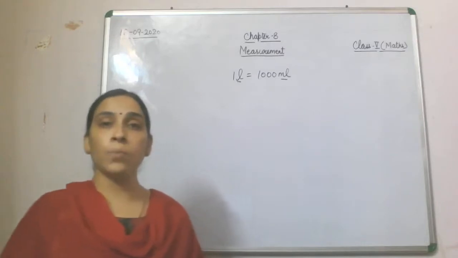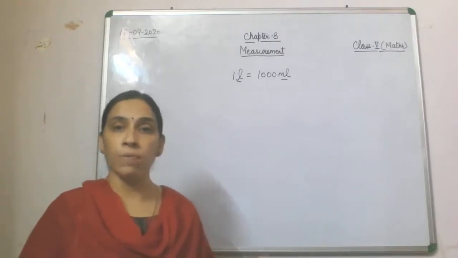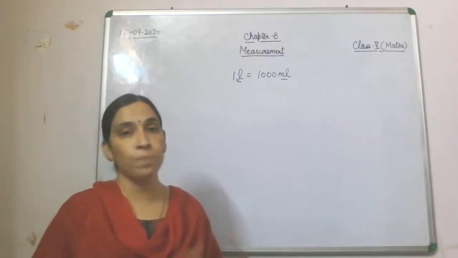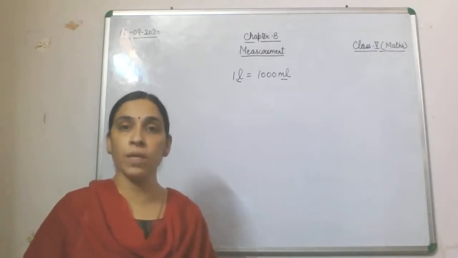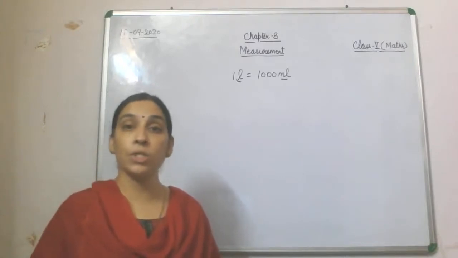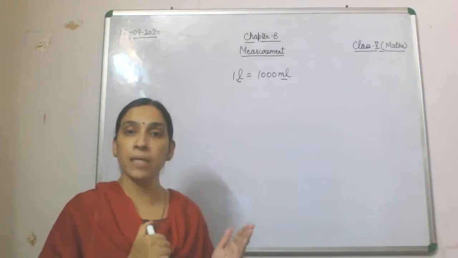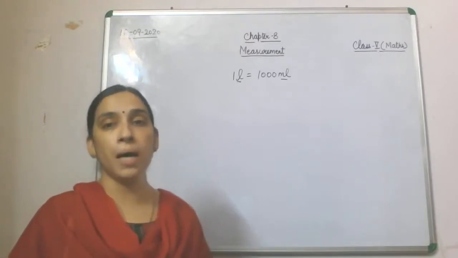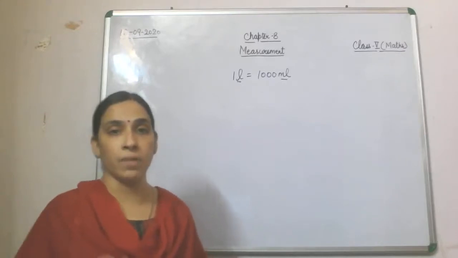We will start the concept of capacity with the conversion of smaller unit into bigger unit and bigger unit into smaller unit. After completing the conversion, we are going to the operations, that is applications of measurement of capacity in your day-to-day life with word problems and addition, subtraction, multiplication and division.